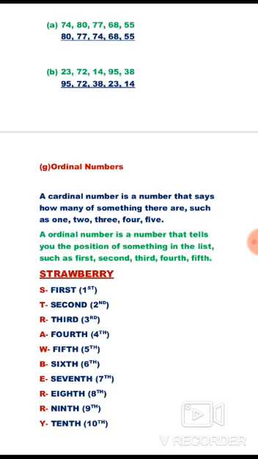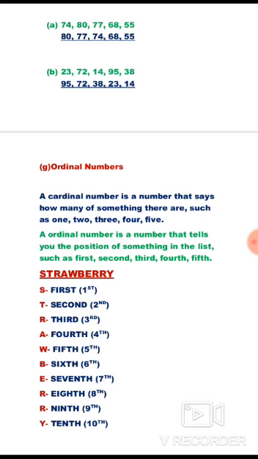Then T. T is on the second position. Spelling of second is S-E-C-O-N-D, second, and in short form we write 2-N-D, second. R is on the third position. Spelling is T-H-I-R-D. In short form you write 3-R-D, third.